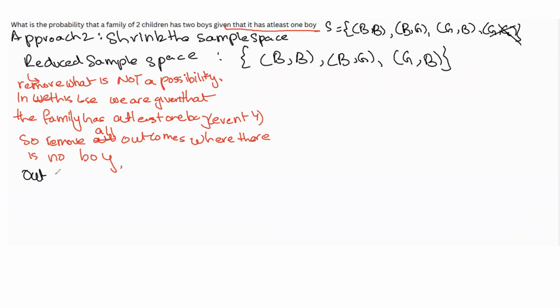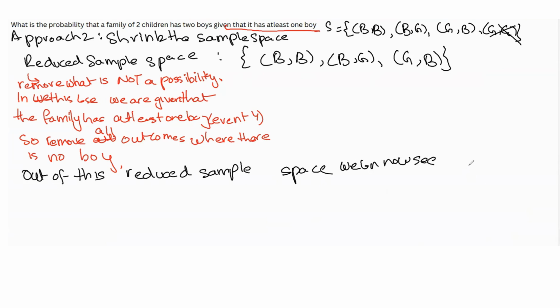Now out of this reduced sample space, we can see how many outcomes have both boys, because we want to find the probability that there are two boys given that it has at least one boy.